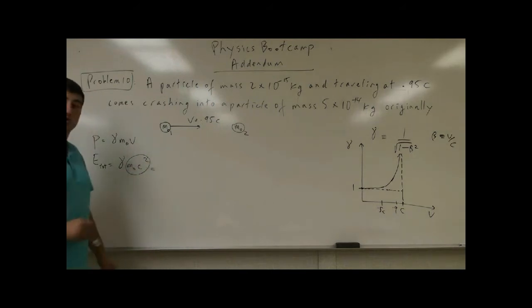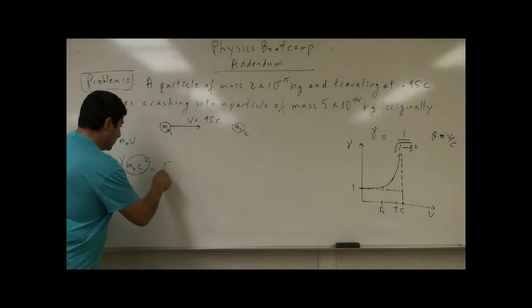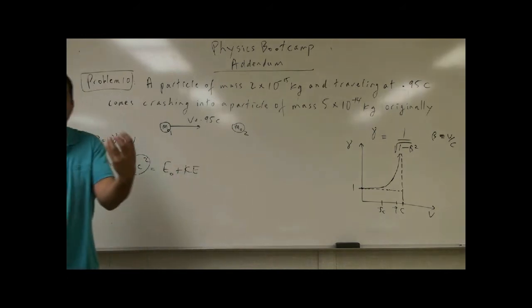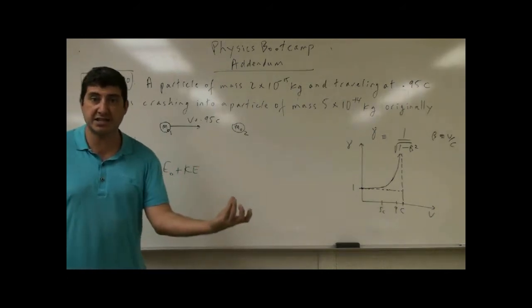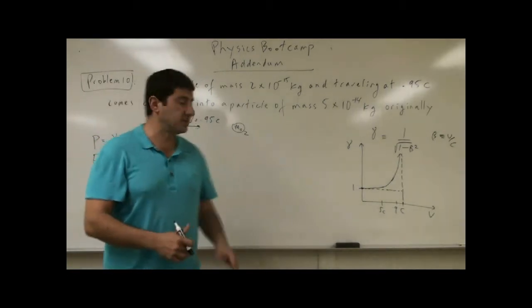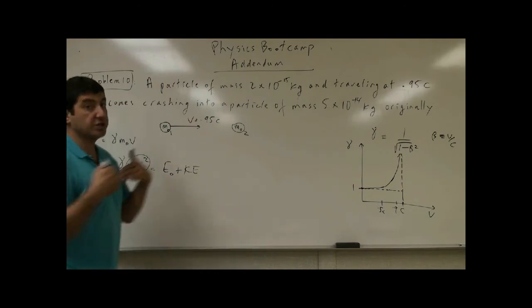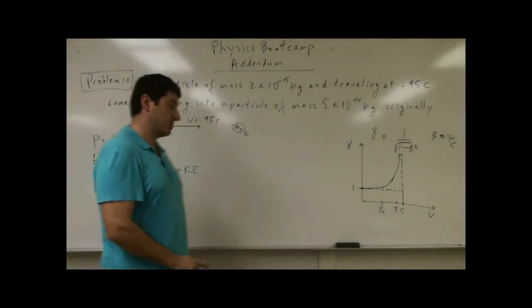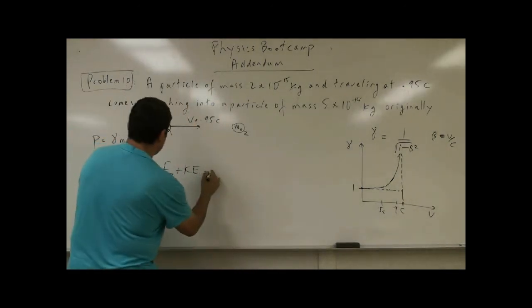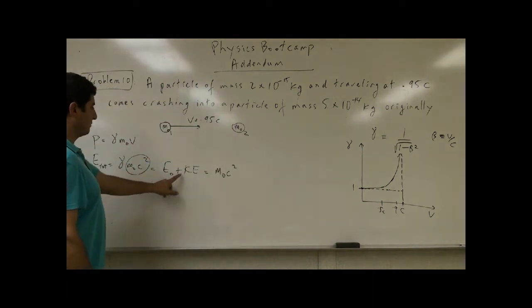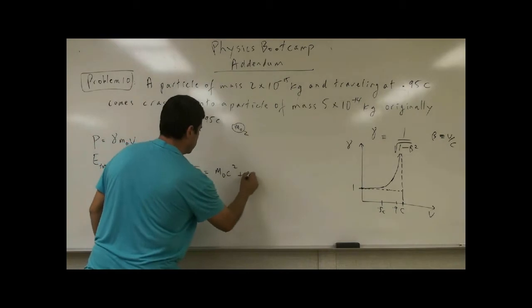This is equal to the rest energy, E0, plus the kinetic energy. Even when an object is at rest, since it has mass, and mass and energy are equivalent, it also has rest energy, plus if the object is moving, it has kinetic energy. So what would the rest energy equal? m0 c squared, plus the kinetic energy.